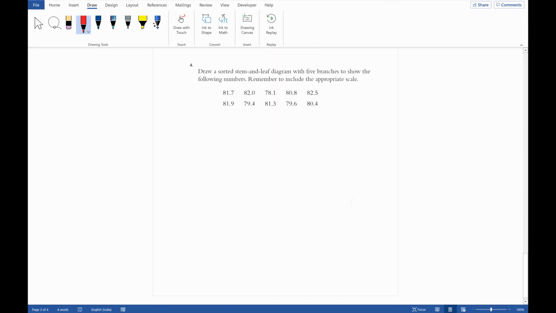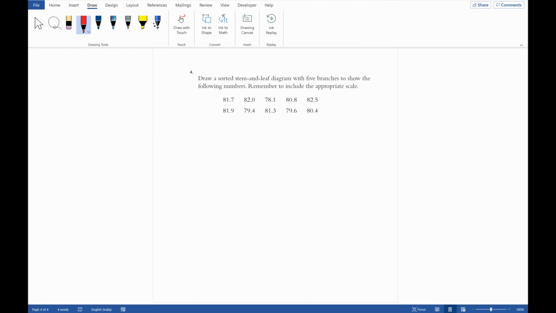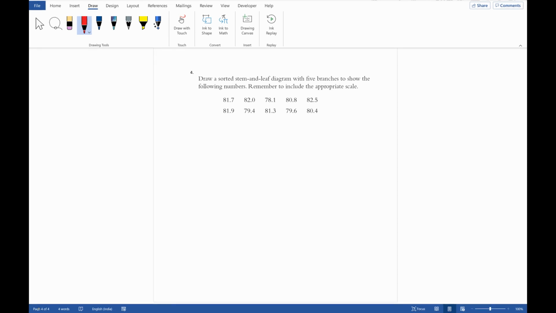So we have one more question here. In this particular question, the data values are not ordered, so let me first order them. Not every time do you need to order the data values before drawing a stem and leaf diagram, but it would be much easier if you reorder them in the beginning itself.